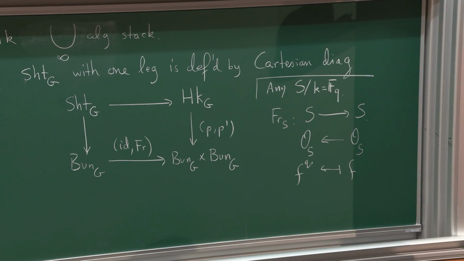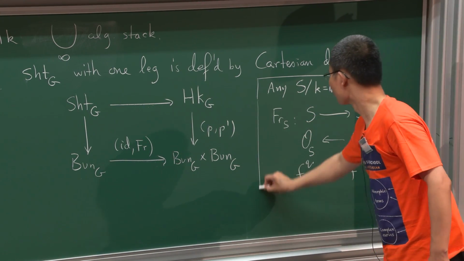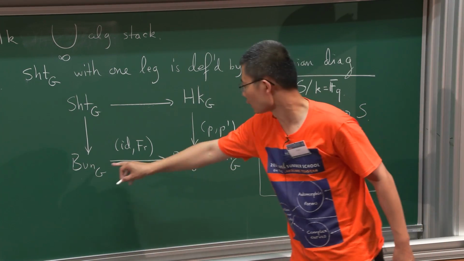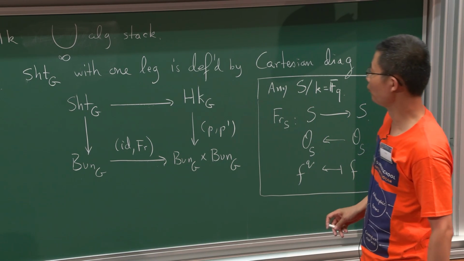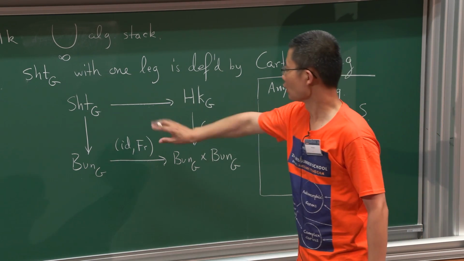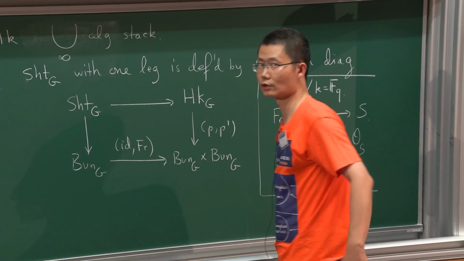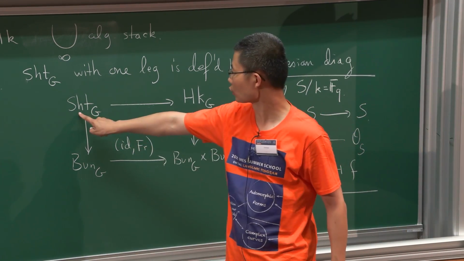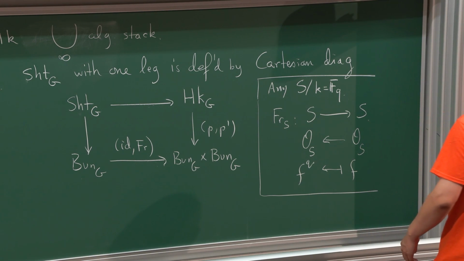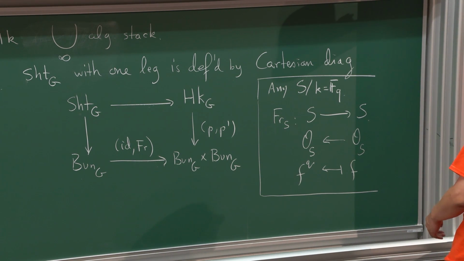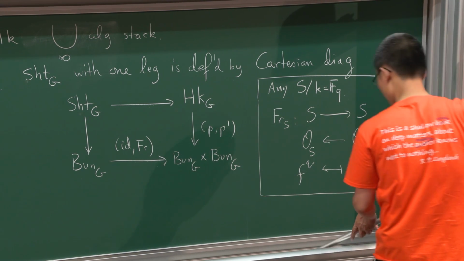So it's F_q-linear. In particular, I apply it to Bun_G. Okay, so now this is defined, at least as a functor of points. We know how to calculate Shtuka_G using this diagram. So let's do that calculation.